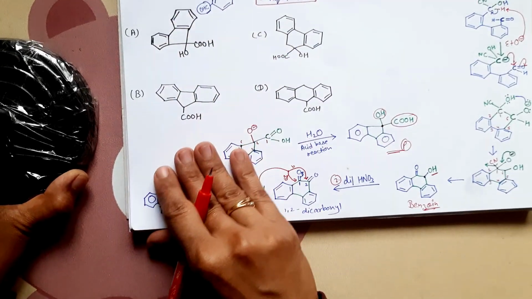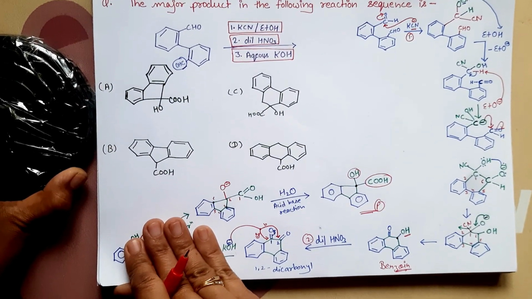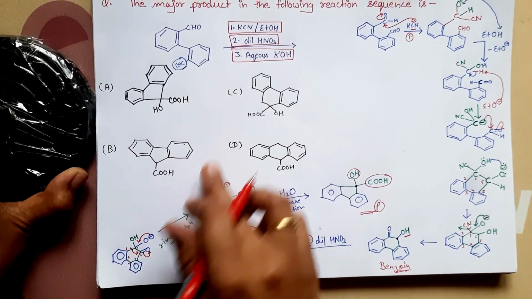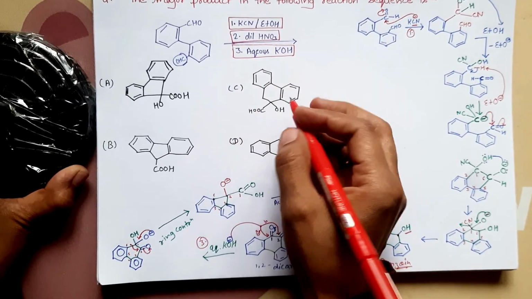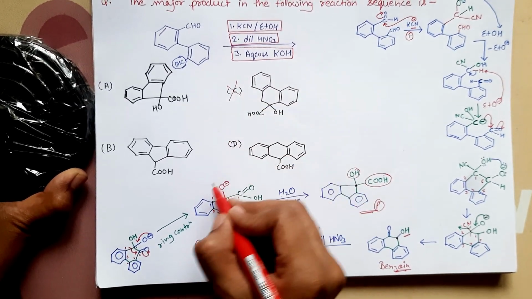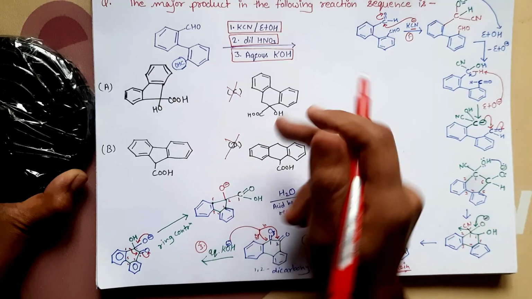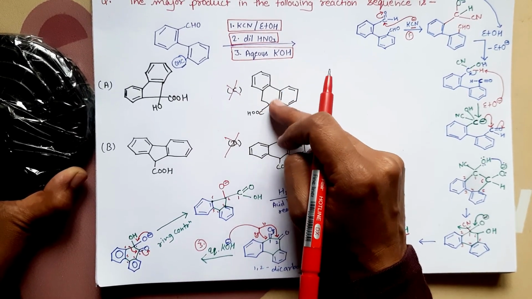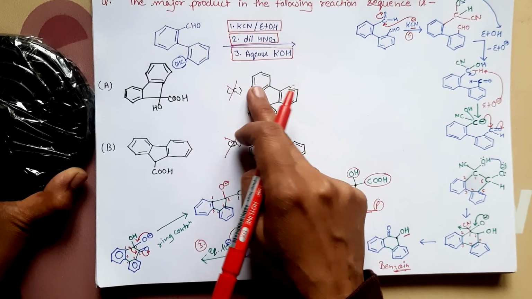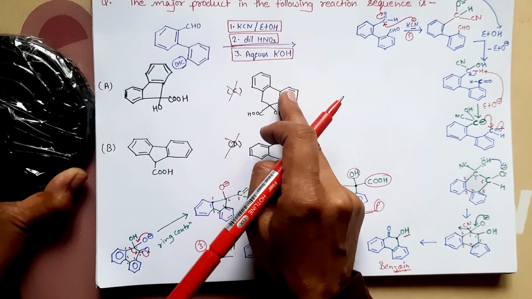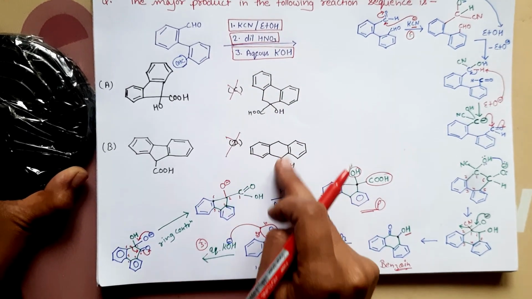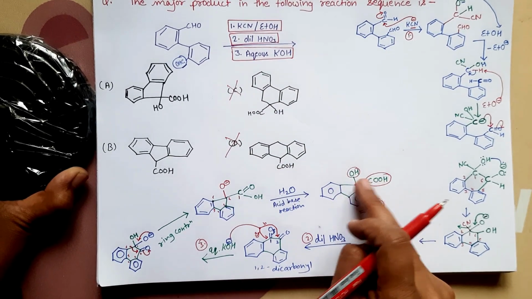Let's check the given options. If you check the options, you can easily eliminate option C and option D. Why? Because here they give a 6-membered ring between two phenyl rings, while we have a 5-membered ring in our product.